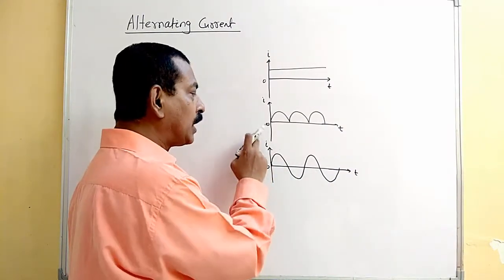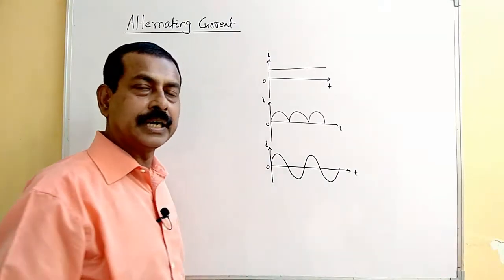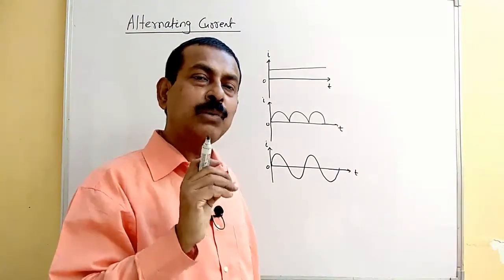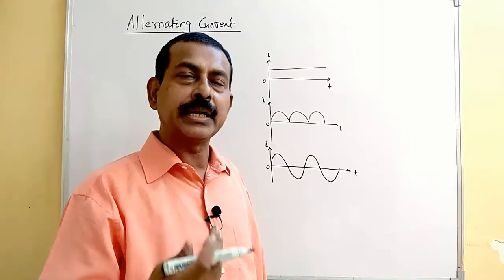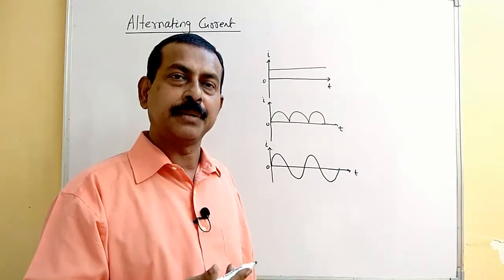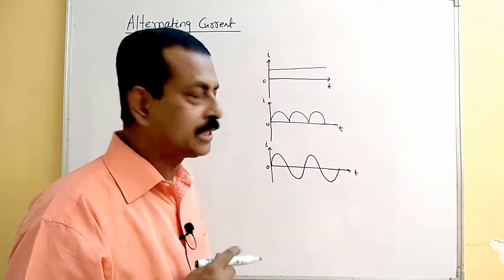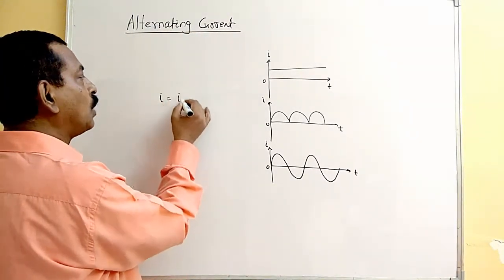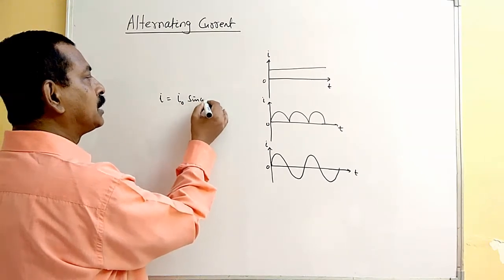So it is flowing in one direction as well as in the other direction. That is why we say that alternating current is the one which is changing its magnitude and direction periodically with time. We can represent this current as I equals I naught sine omega t.